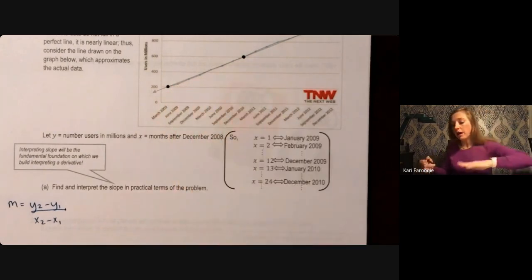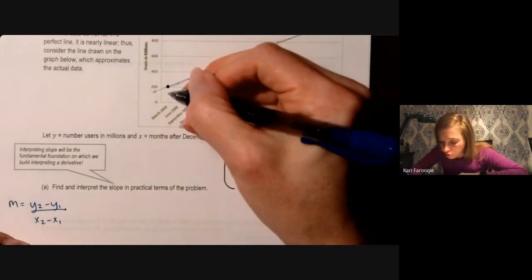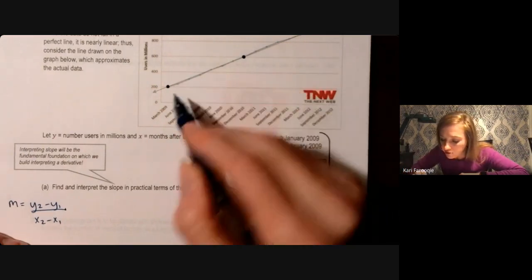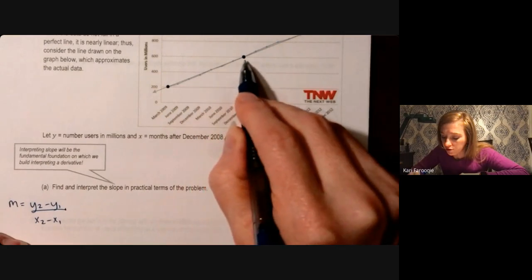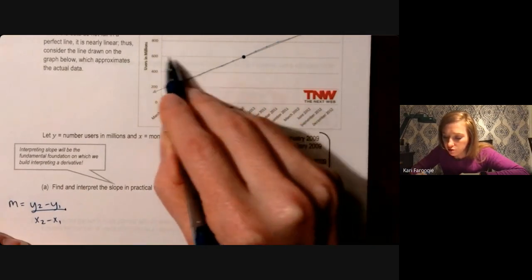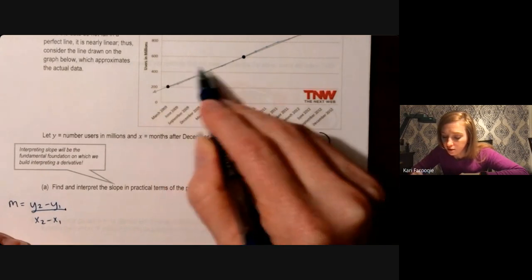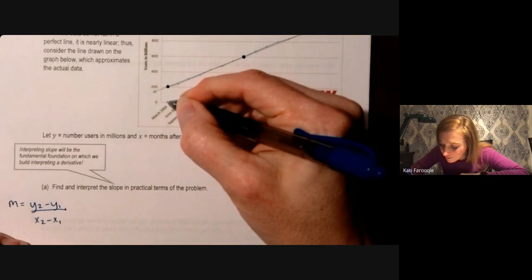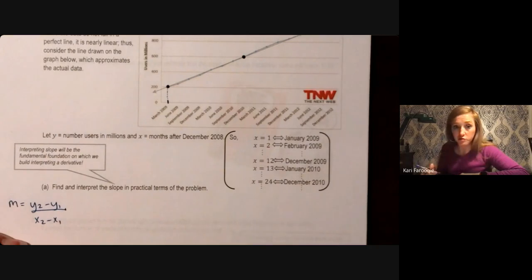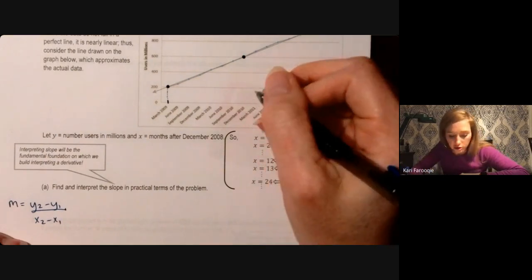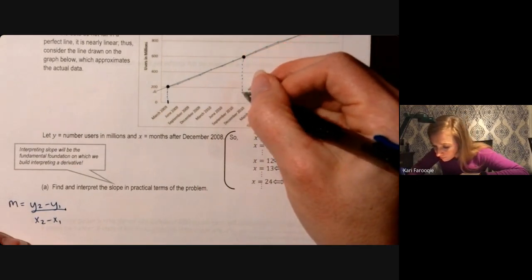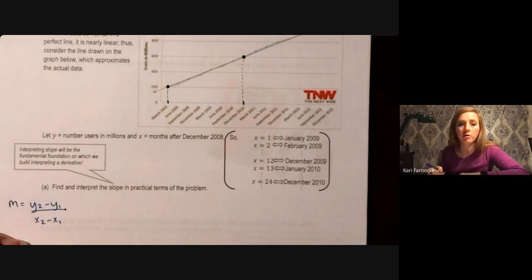Now, I can go ahead and note that if I go directly down towards the x-axis from these points that we already found, these points, by the way, are given to you because they're really clear-cut values on particular nice numbers, hundreds of users in millions. So if I draw this one vertically down, it'll take me to this data point at March of 2009. And if I draw this one vertically down, it's going to take me about, the best you can, to December of 2010.